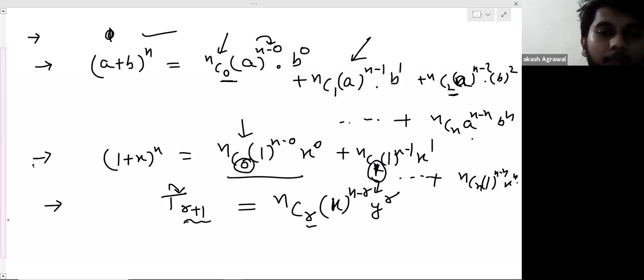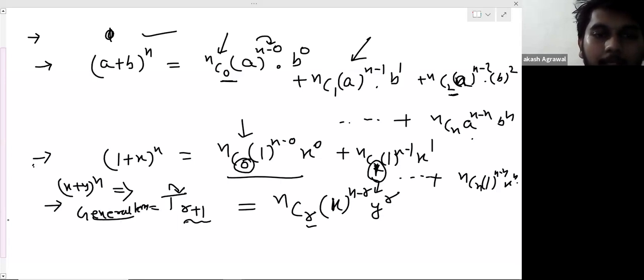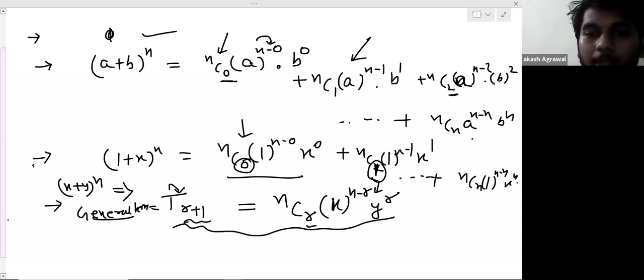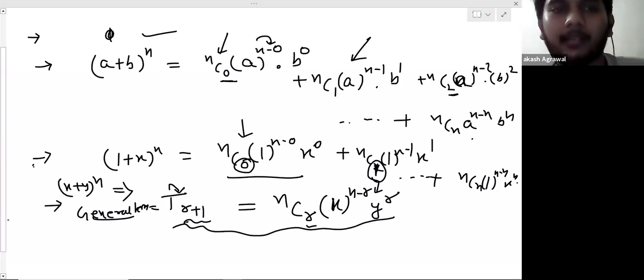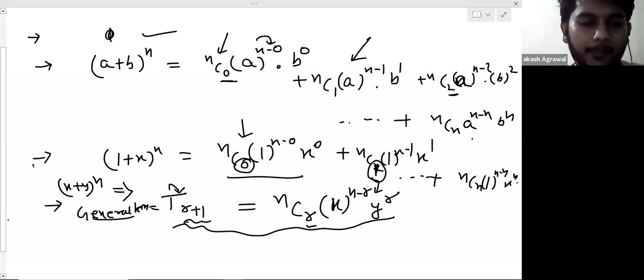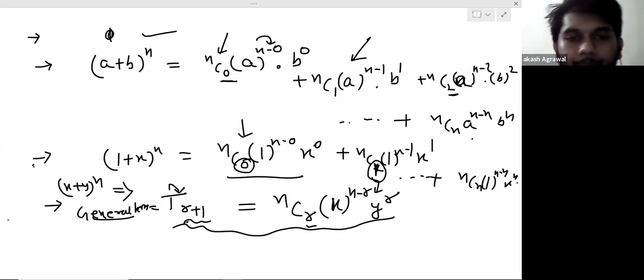This is called general term, when you are finding (x plus y) to the power n. Please write it down. Very important. If you remember this general term, then you can solve maximum questions, like 90% of questions solved. Write it down.